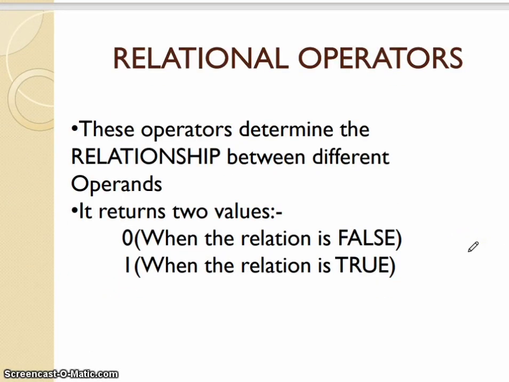Relational operators. These operators determine the relationship between two different operands. If I write a is greater than b, it shows the relation that a is greater than b, or a is less than b.